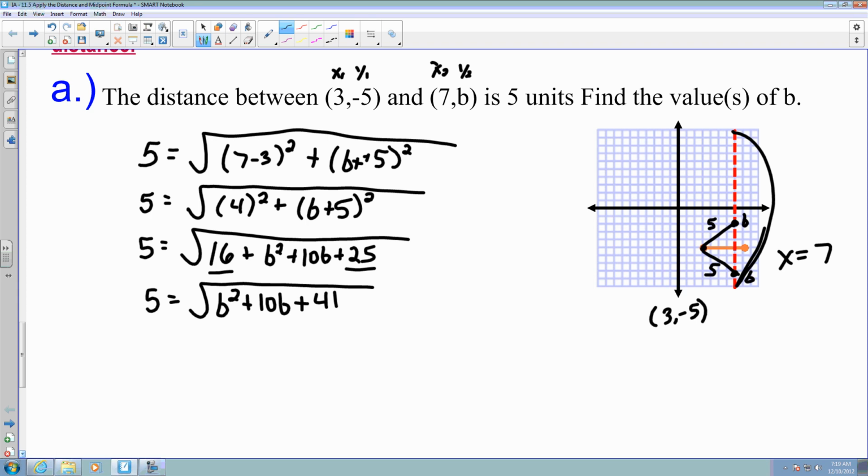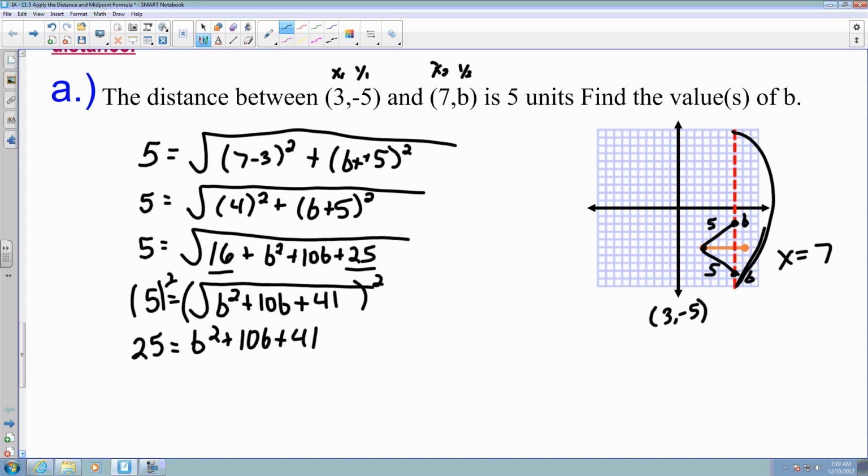Now we're at a point where I can't simplify it anymore in the square root. So what I'm going to do is use some tools that we learned from previous sections, and I'm going to square both sides. So now I have 25 equals b squared plus 10b plus 41.